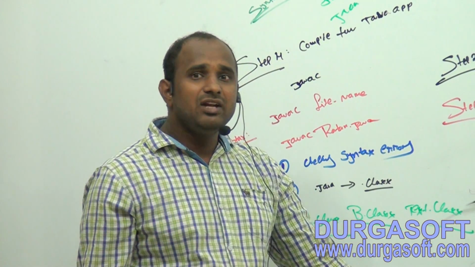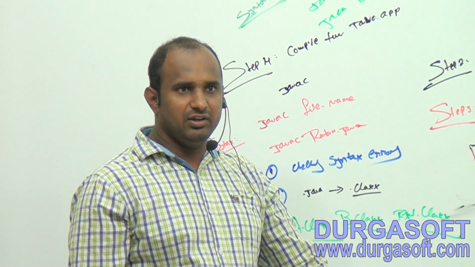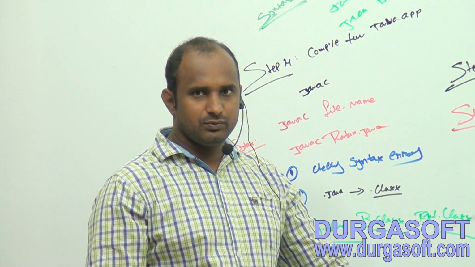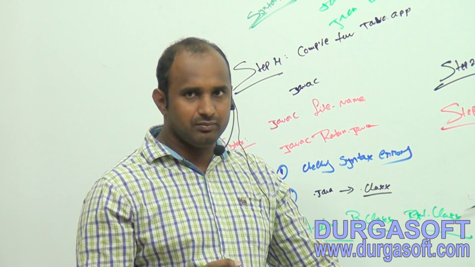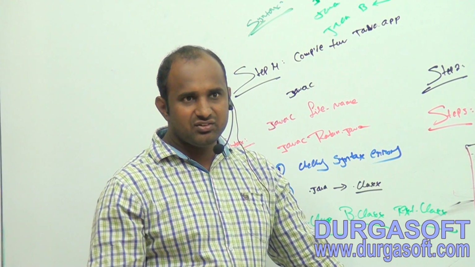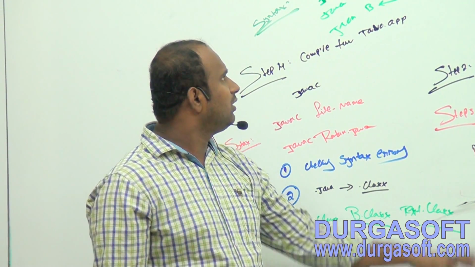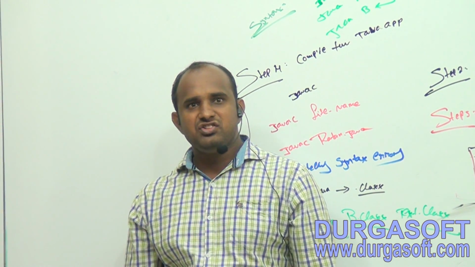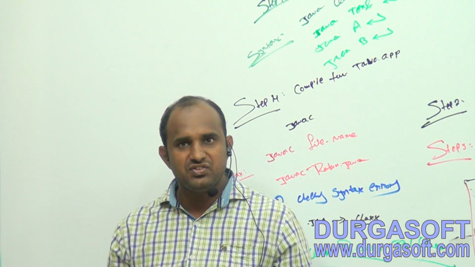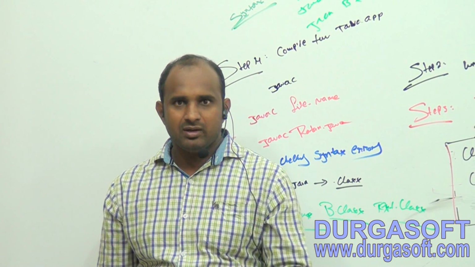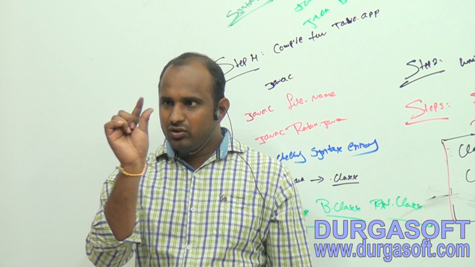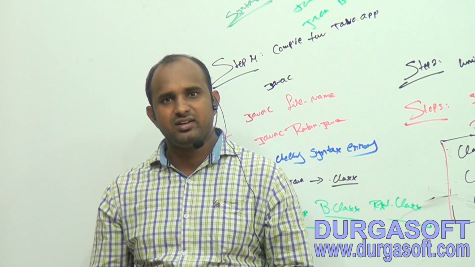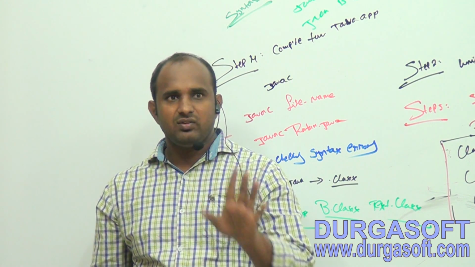But when we are trying to execute the class, execution always starts from the main method. Who is calling the main method? JVM. So who is responsible for executing the application? JVM. Now concentrate. When we are trying to execute the application, what are the responsibilities of the JVM? 2 responsibilities. Number 1: when we execute the class, JVM checks whether your .class file is available or not.